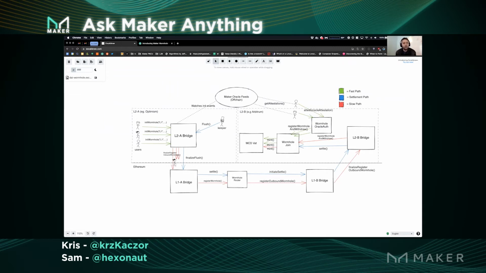That's fine. Now let's say somebody wants to withdraw, say 4 million, and for whatever reason they've taken the slow path, so they're waiting 7 days. Their DAI that they have burned has already been transferred to the target bridge, so they should, in theory, be able to be served immediately.